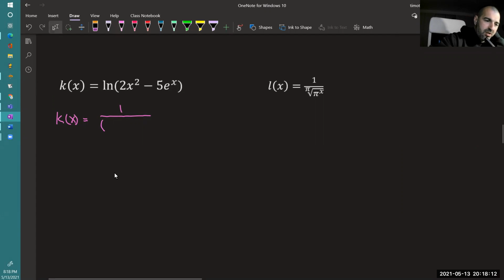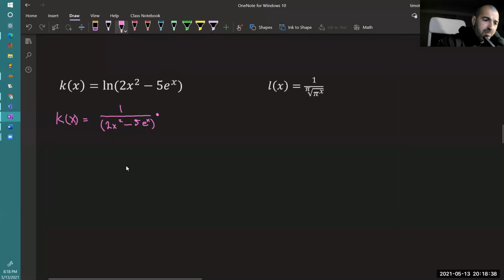So this, right? 2x squared minus 5e to the x, okay? But now this is again a chain rule, because now we have to multiply by the derivative of this thing here, okay? Because the derivative of natural log is 1 over x, but in our case, we're doing a chain rule.